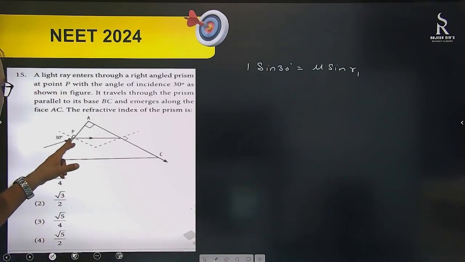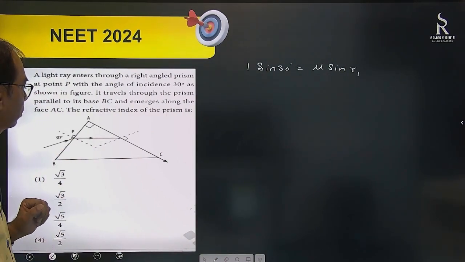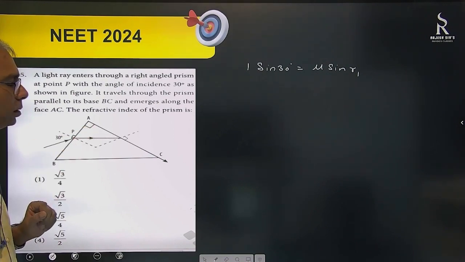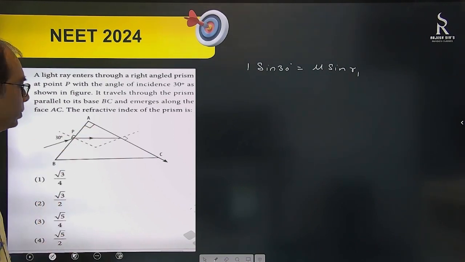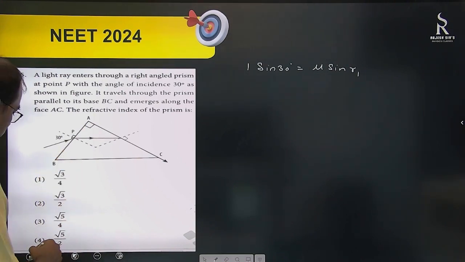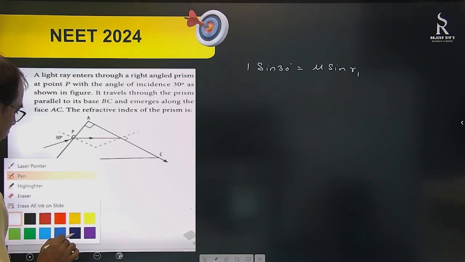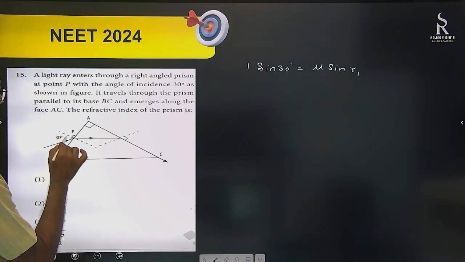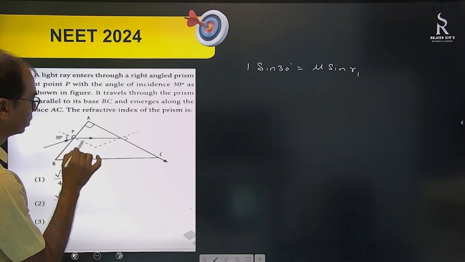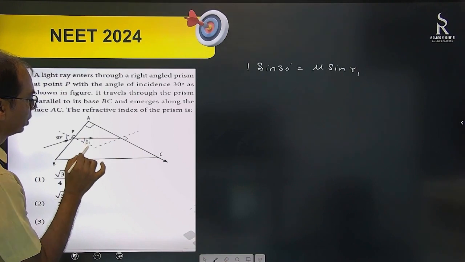Now this 30 is given, and this angle is 90. This is R1, which we are looking for, and this is R2.